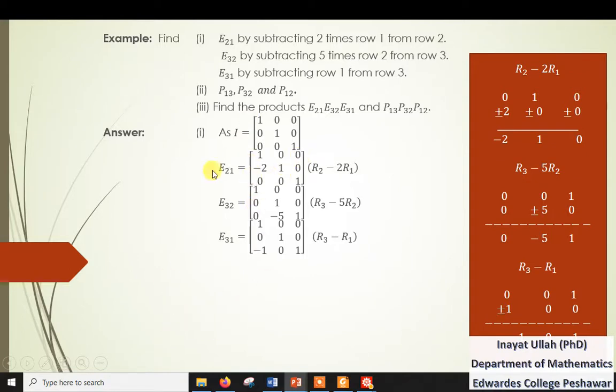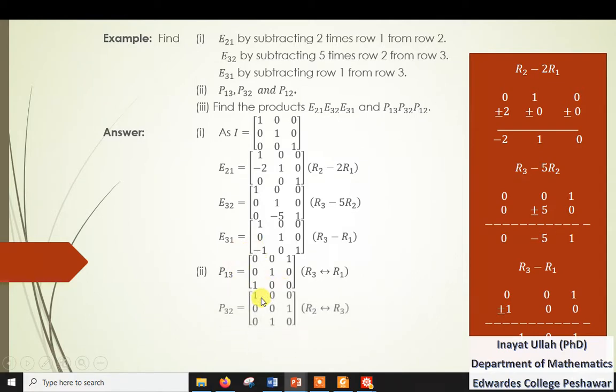Remember that. Now we need to find these permutation matrices P13, P32 and P12. So P13 means interchanging row 3 with row 1. This is the symbol for interchanging row 3 with row 1. So interchanging row 3 and row 1, these two, we'll get P13.